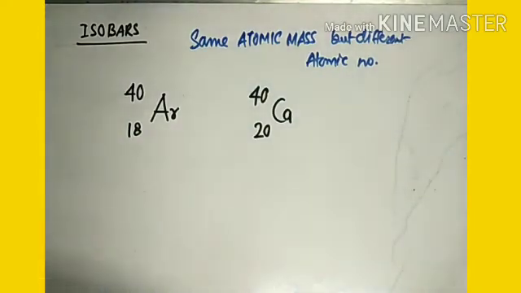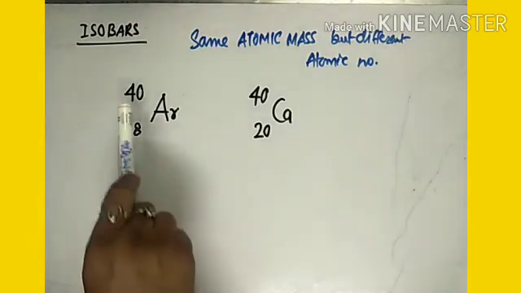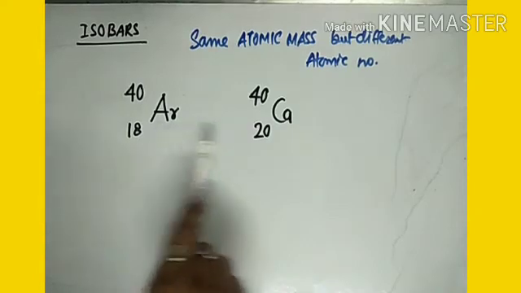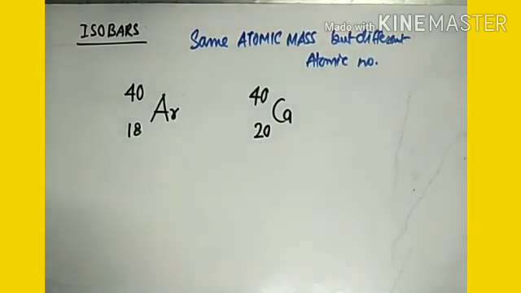So this will be the best example. You can go for these examples to consider isobars. So isobars are when the atomic masses are the same but there is a difference in the atomic number, right? Can you find the number of electrons, protons and neutrons here? Okay, this is the work for you: you have to find out the number of electrons, protons and neutrons in these two atoms.